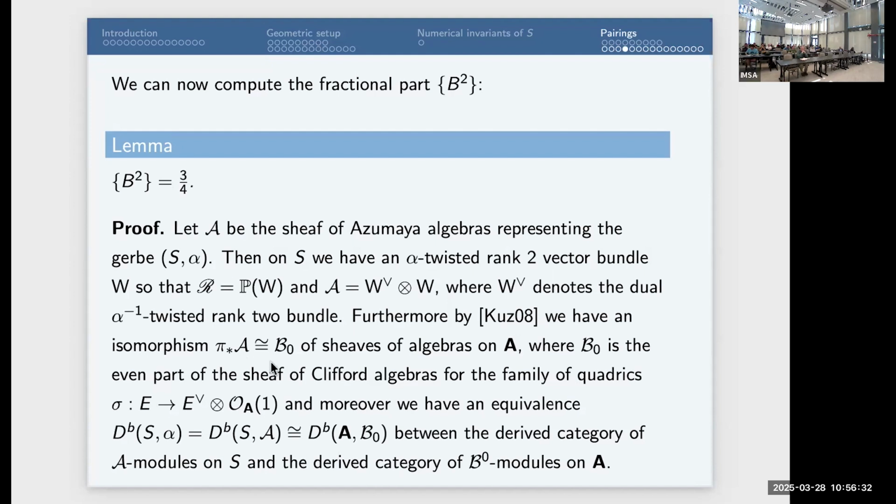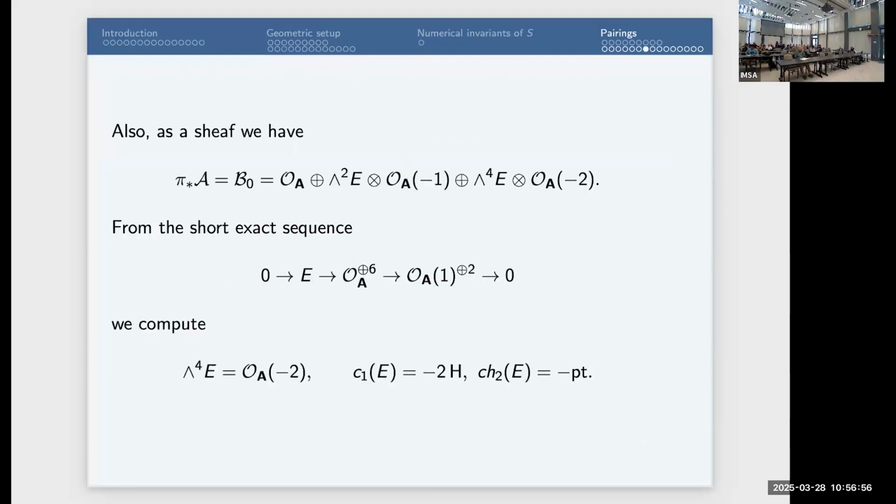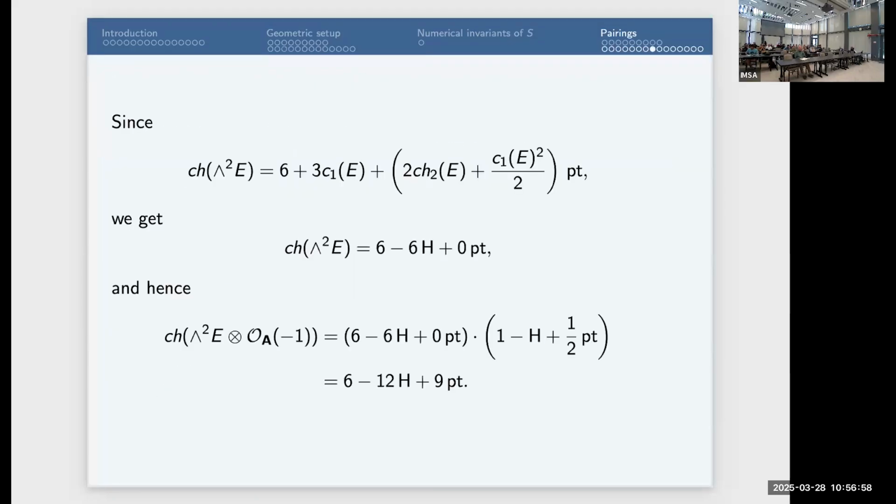So this identifies the even part of the Clifford algebra with A. Then the even part of the Clifford algebra decomposes into a degree 0 piece, which is O, degree 2, degree 4. And those just recover the original lattice. So you have all the moments, and there's now this little bit of information which will escape.